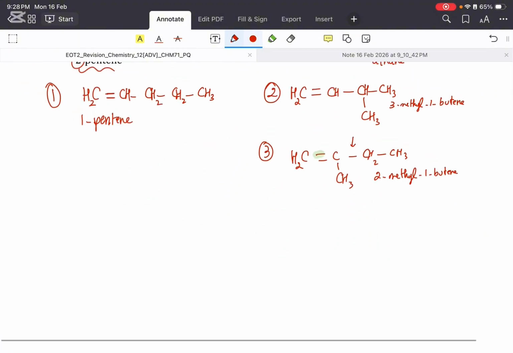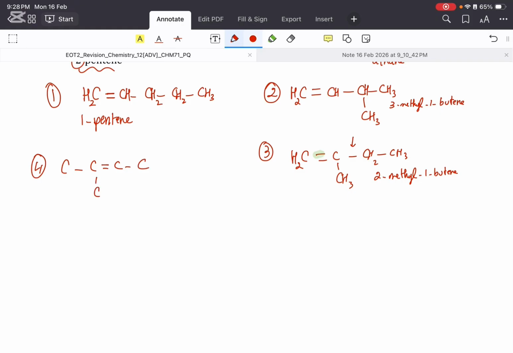So I'm going to get a 4th isomer, 1, 2, 3, and 4. The branch is in here, and the double bond is in here. So this one is going to be 2-methyl-2-butene.